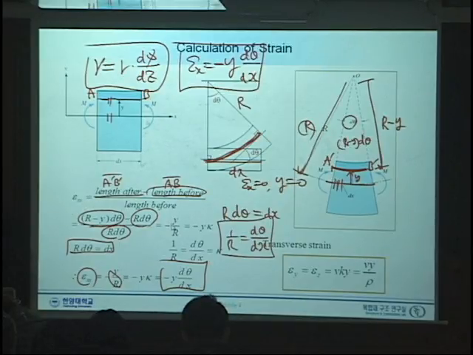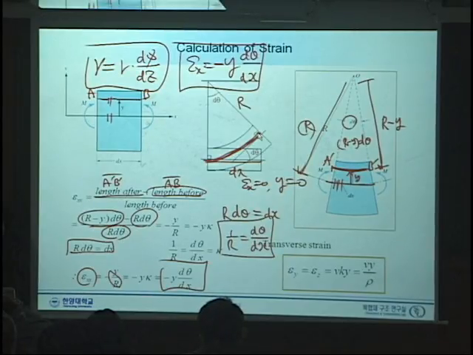So epsilon x is minus y over r, and by a geometric observation, r d theta equals dx. As you can see here, this is the r and d theta. So r times d theta will be this length. And again, this is the neutral axis, which means the neutral axis does not deform, does not contract.